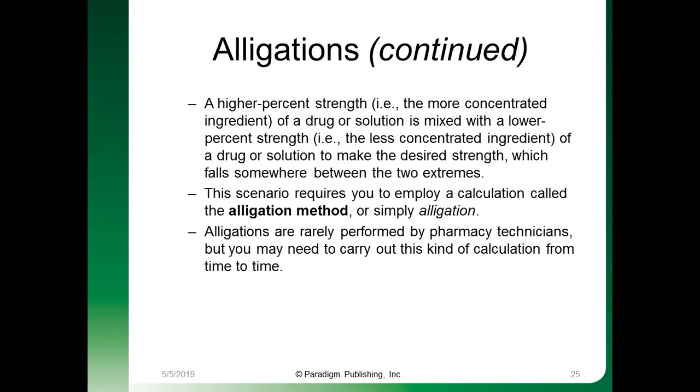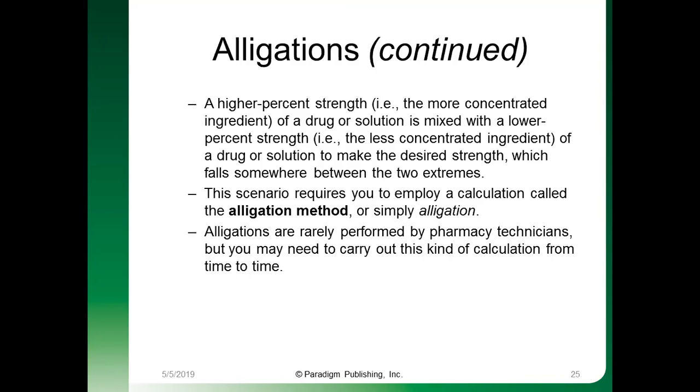This scenario requires you to employ a calculation called the alligation method, or simply alligation. Alligations are rarely performed by pharmacy technicians, but you may need to carry out this kind of calculation from time to time. So this is a rare instance where there's a prescription by a physician where the medication that the patient needs is not commercially available.